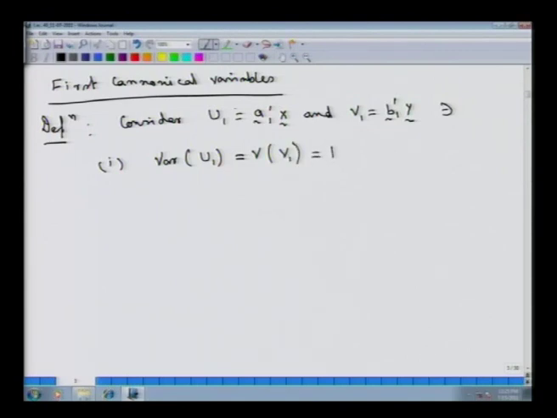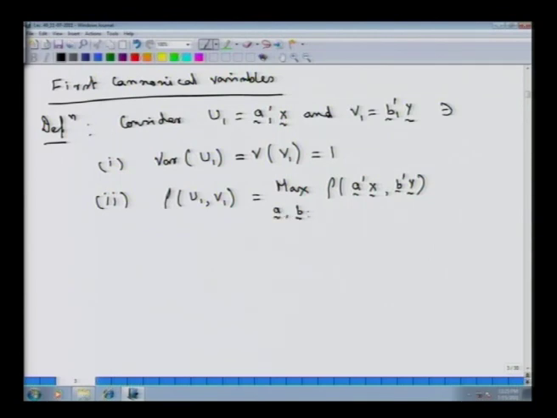So, we will have the linear combinations thus formed. Number 2 is that the correlation between this u1 linear combination and v1 linear combination is the maximum correlation between a' x and b' y, such that this maximization is over a and b.